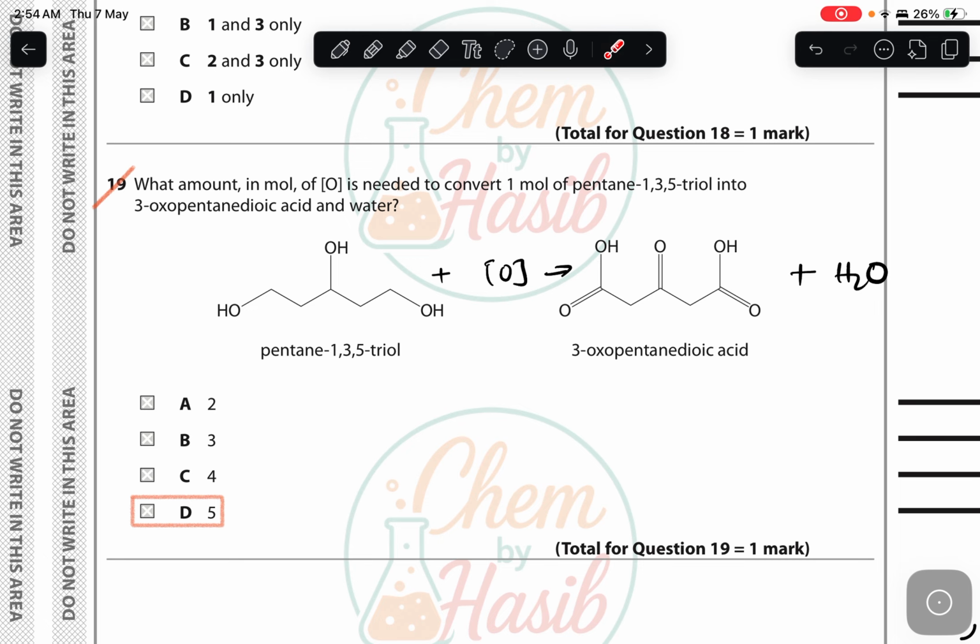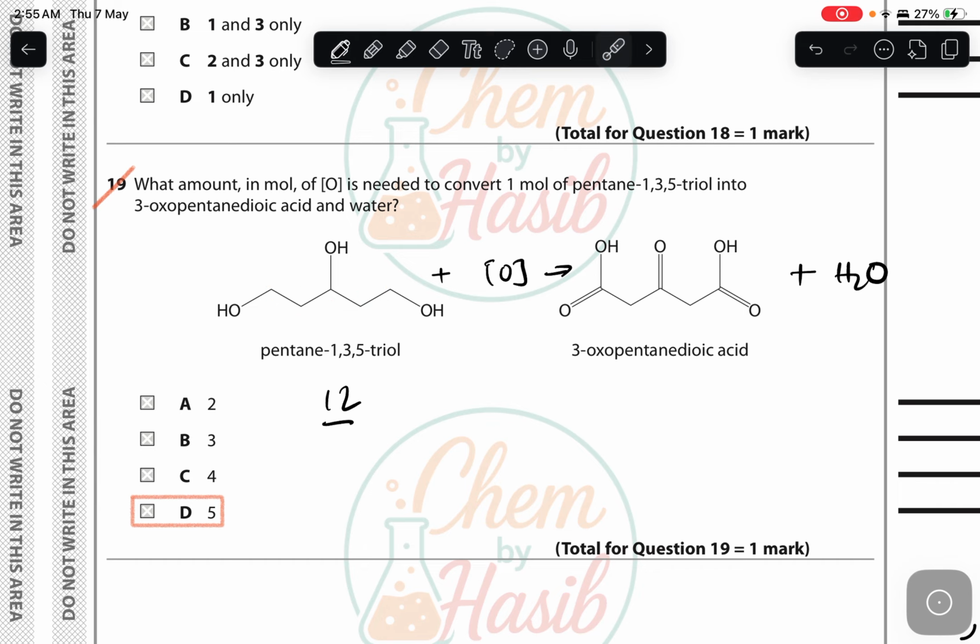Okay, let us count the number of hydrogen atoms on the left hand side and also the number of hydrogen atoms on the right hand side. So on the left hand side you have how many hydrogen? 1, 2, 3, 4, 5, 6, 7, 8, 9, 10, 11, 12. So we have 12 hydrogen on the left. So on the right hand side, let us check how many hydrogen atoms do we have in the product.